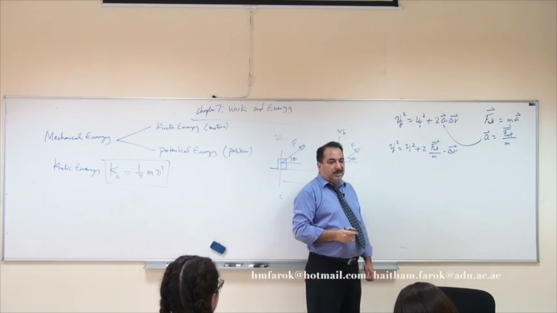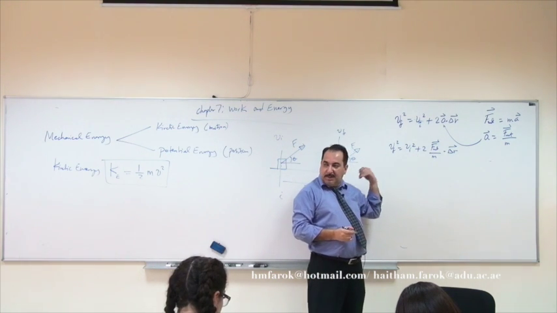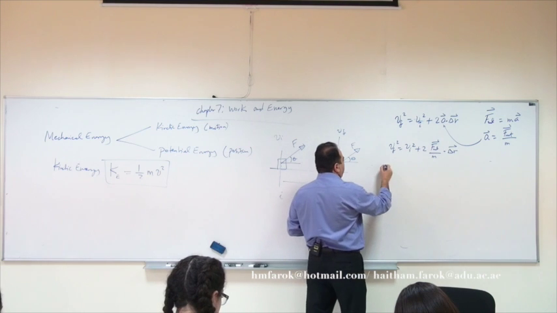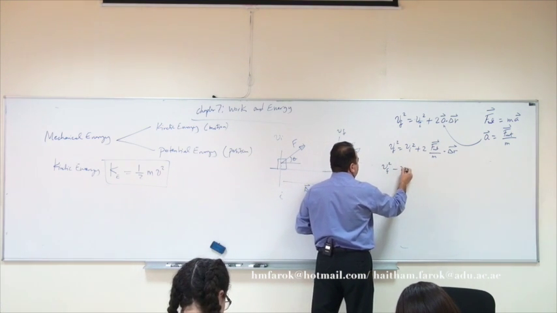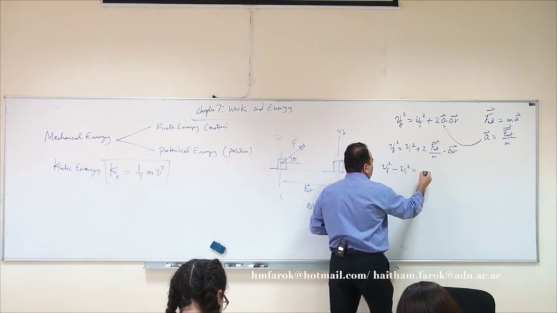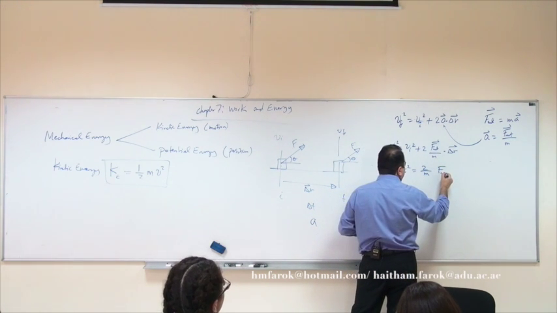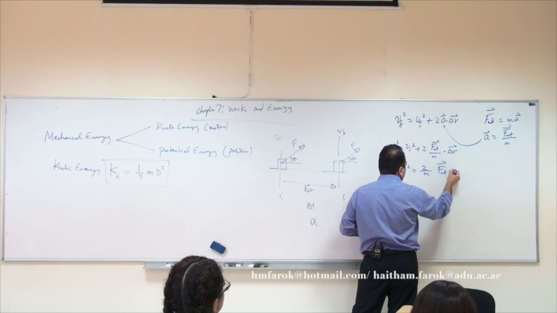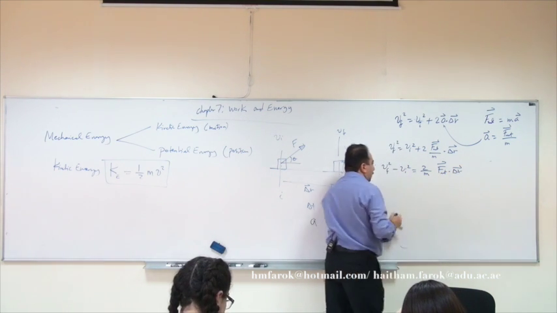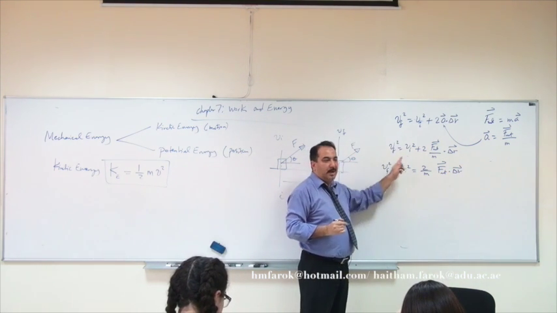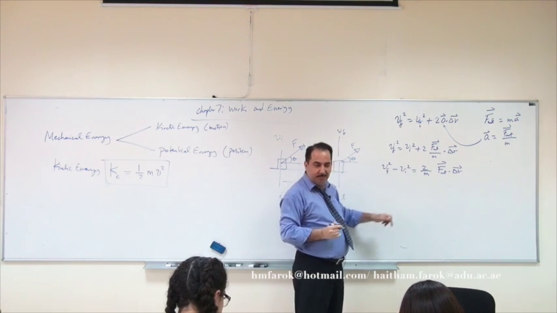Now, let's rearrange the equation. Put the velocities on one side. So we'll have v final squared minus v initial squared equals 2 over m. I shift this one to the side, F net dot delta r. Multiply this side by m and divide by 2.